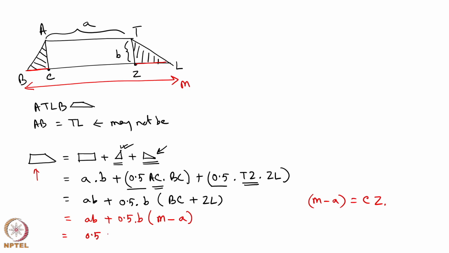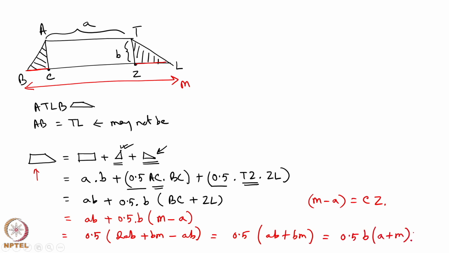This is equal to 0.5 (2ab plus bm minus ab), which is equal to 0.5 (ab plus bm), which is the same as 0.5 b, b goes as common, (a plus m).